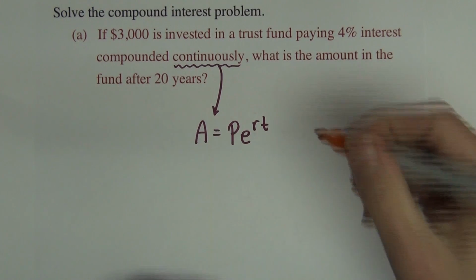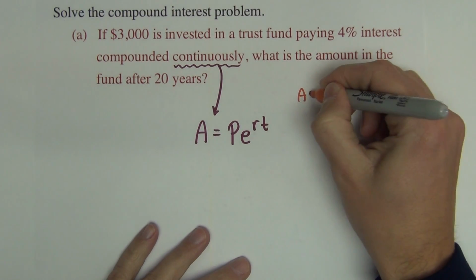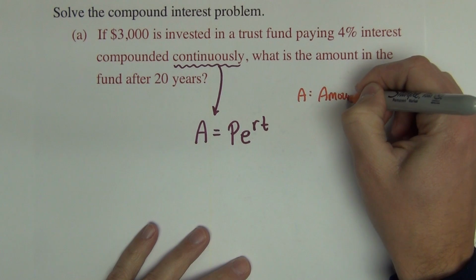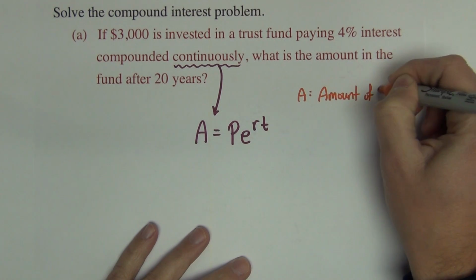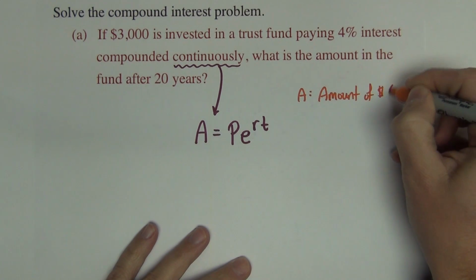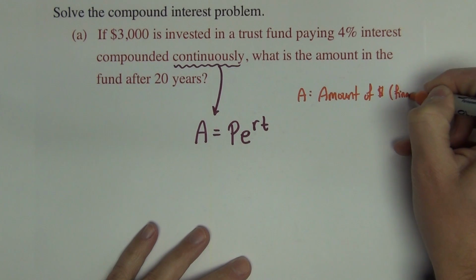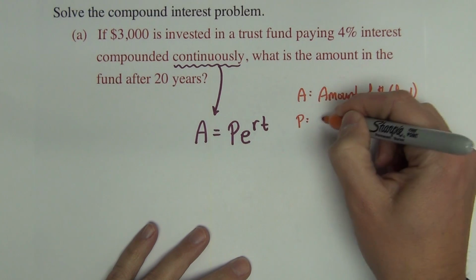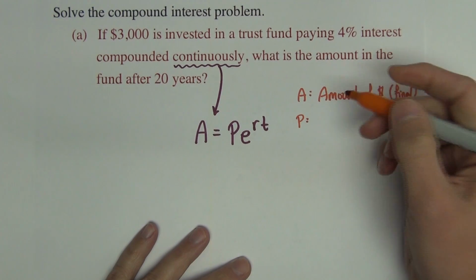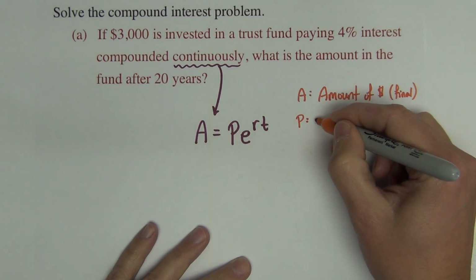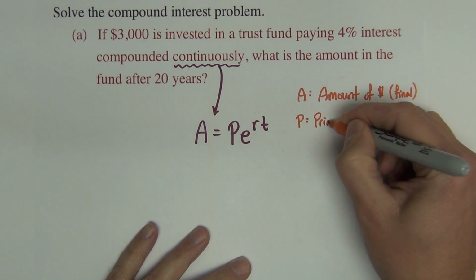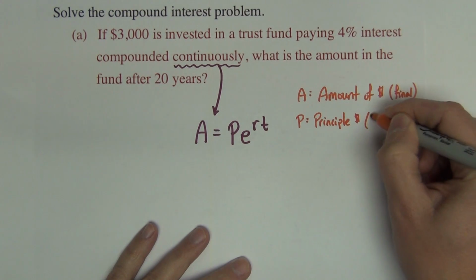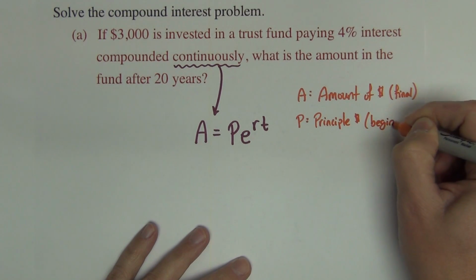Okay, in this formula, A is the amount of money, but specifically it's the final amount. It's what you're going to end with. The P stands for principal, the principal amount, which is what you begin with.